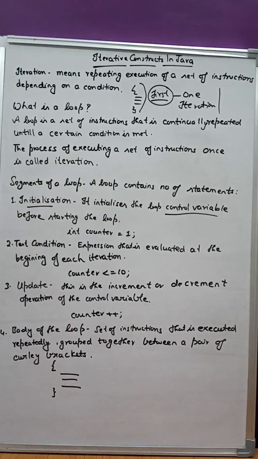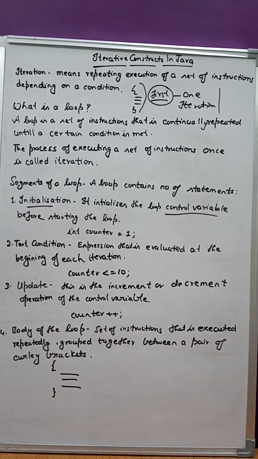This is the syntax to initialize a value in a loop. In the normal case also, if we have to declare or initialize a variable with a value, we use the initialization like this. So this was the first segment of the loop.